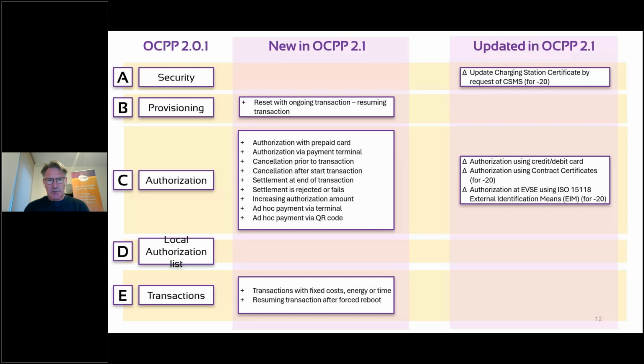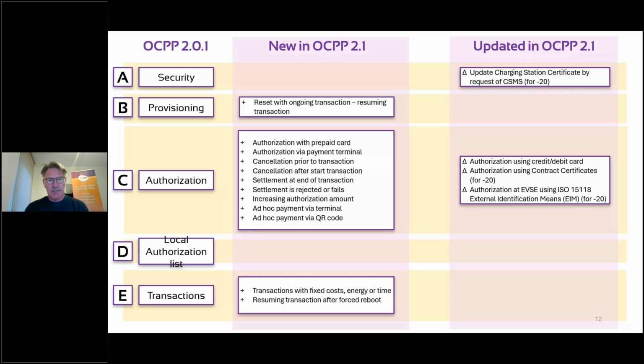So I have slightly more details on that on the next slide. And you see on the right side a few deltas on the existing use cases of OCPP 2.1, also mostly dealing with the new ISO 15118-20 support.